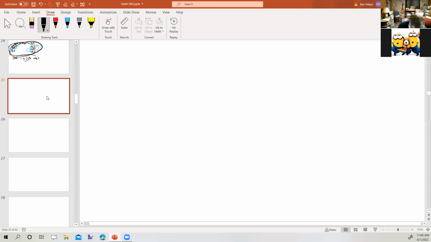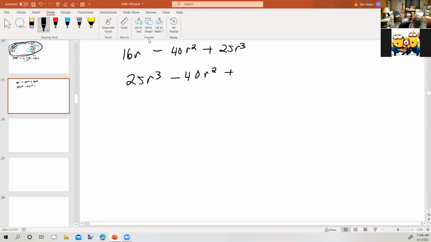Let's see here. 16r minus 40r squared plus 25r cubed. So I've got to put it in standard form. I'm going to factor out an r. So now I've got what, 25 and 1, 5 and 5.